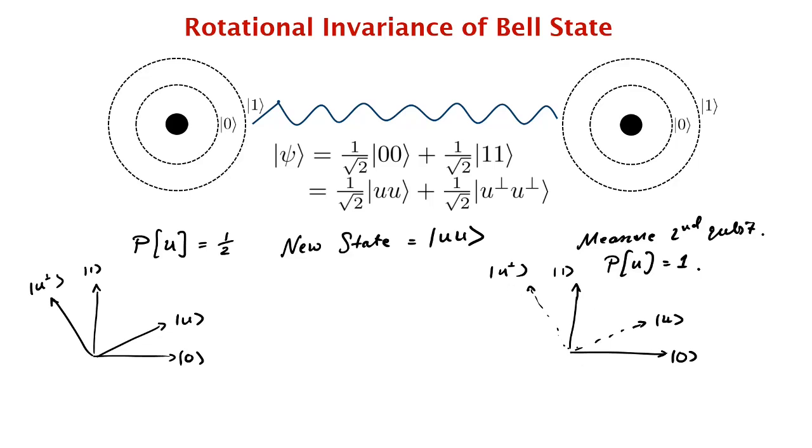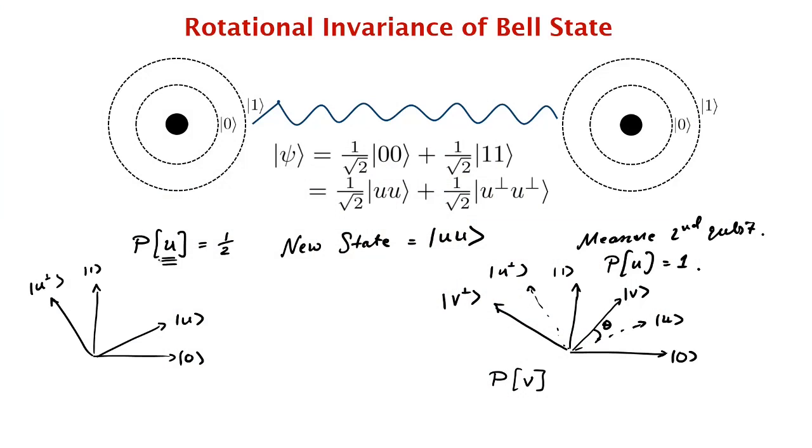But now I measure this second qubit in the V, VPerp basis and say there's an angle theta between these. So now I ask, suppose I measure the first qubit and I see the outcome U. What's the probability that I see the outcome V when I measure the second qubit, given that I saw U in the first one?